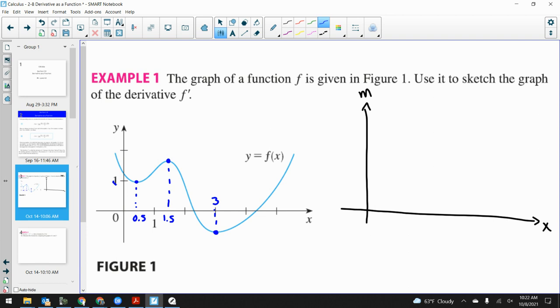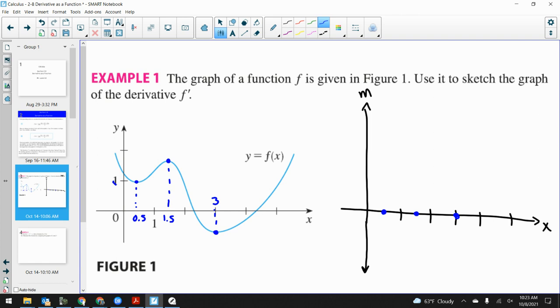They're actually zeros of the derivative. So let's put on here 1, 2, 3, 4, 5, just like I have in my original. At x equals 0.5, the slope is 0. At x equals 1.5, the slope is 0. At x equals 3, the slope is 0.